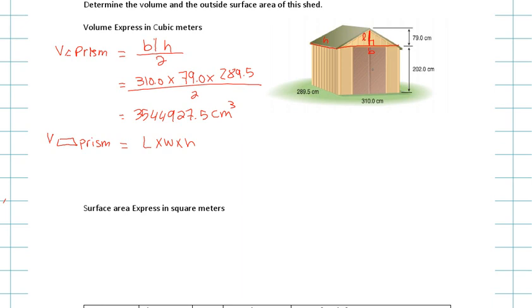So that's going to be 310 times 289.5 times 202, and that is equal to 18,128,490 centimeters cubed.